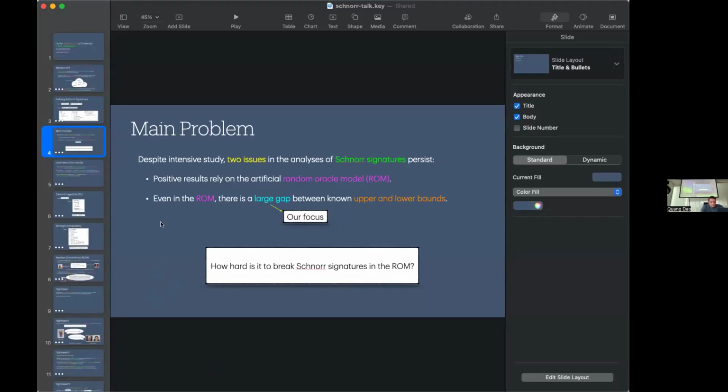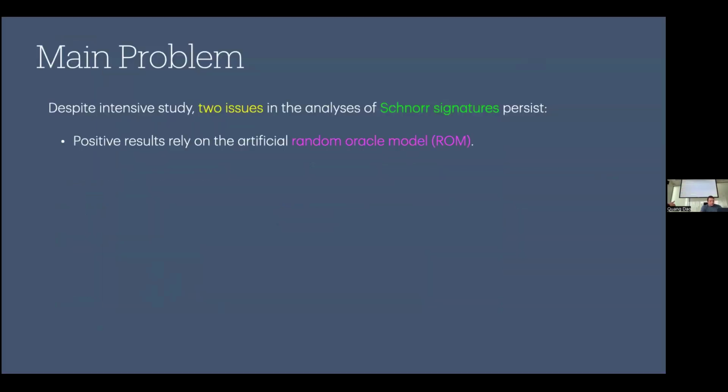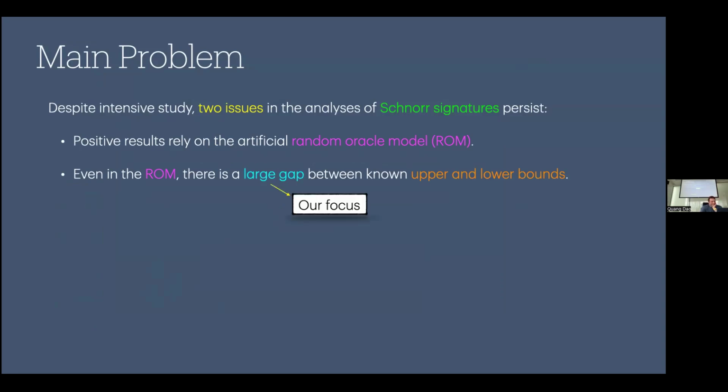Oh, much better. Is it better? Yeah. No, I don't know. It's kind of difficult.